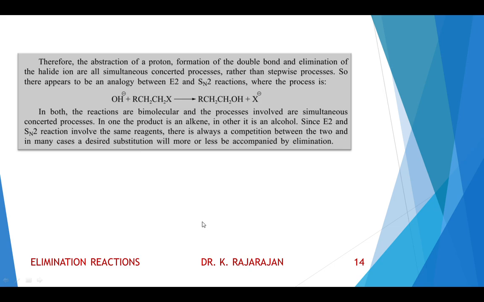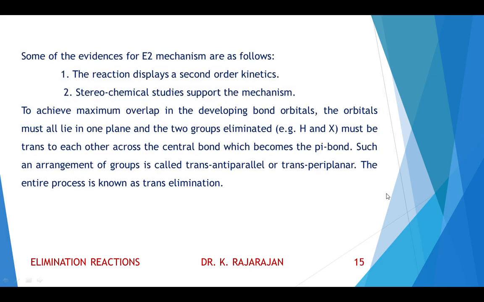In one, the product is an alkene. In another, it is an alcohol. Since E2 and SN2 reactions involve the same reagents, there is always a competition between the two, and in many cases, a desired substitution will be more or less accompanied by elimination.